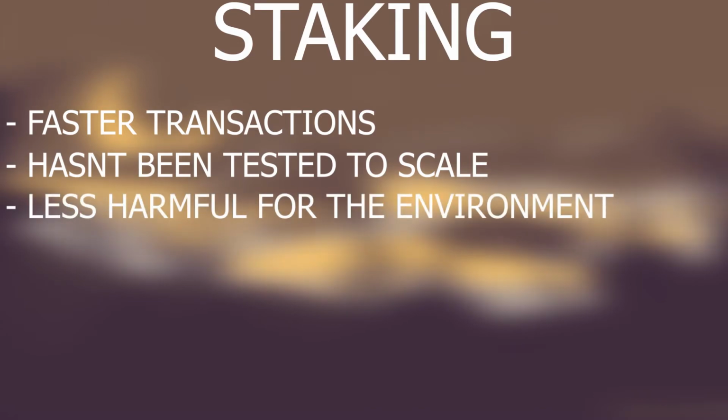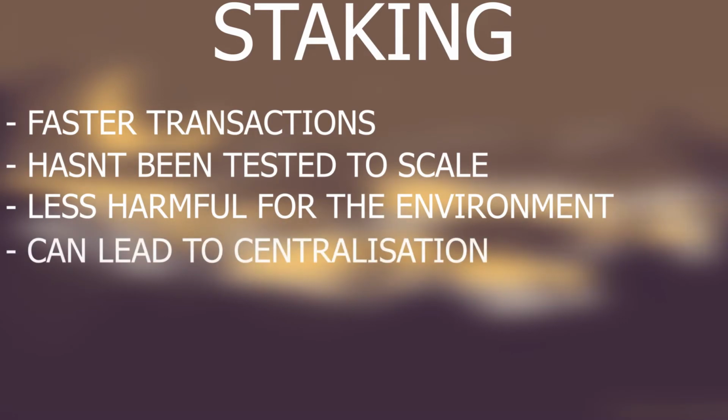Another advantage is that it has a much smaller environmental impact when compared to proof of work. All the network needs is nodes to validate the block, and these are less energy intensive and cost less over time to run than miners. The problem with running nodes and staking is it can lead to centralization, as many exchanges run their own nodes, so they have a large amount of staking coins.